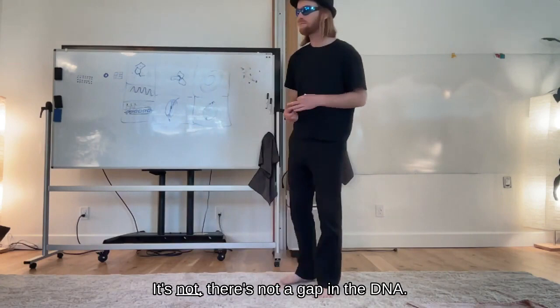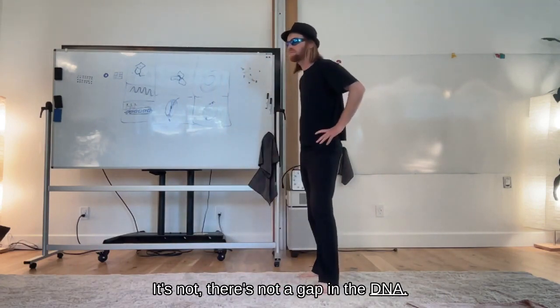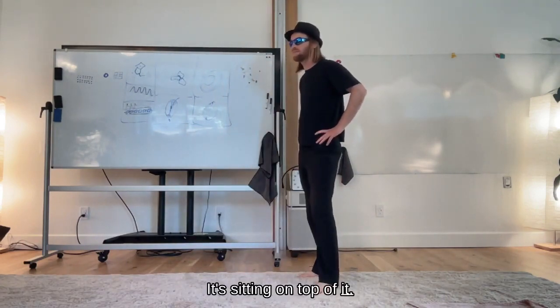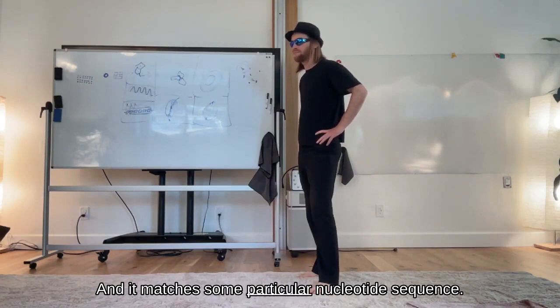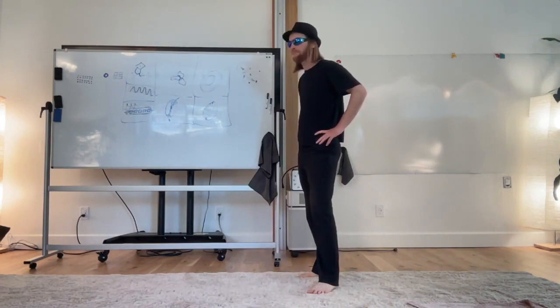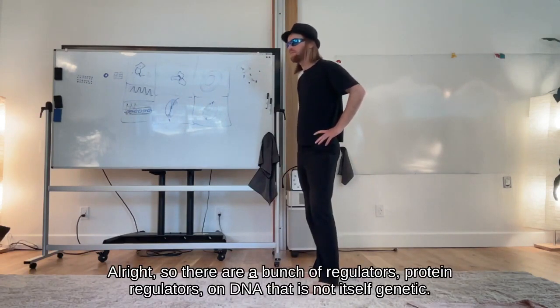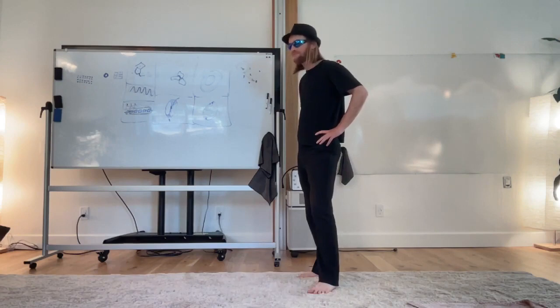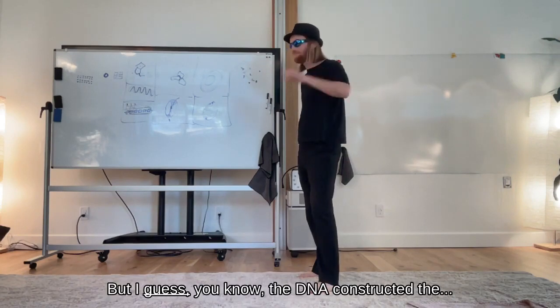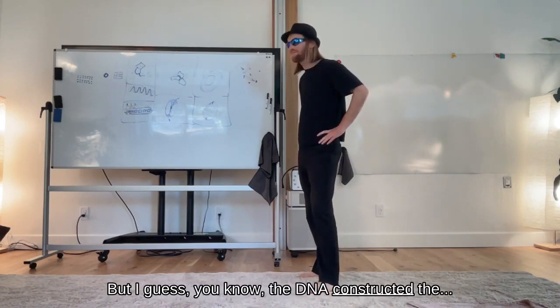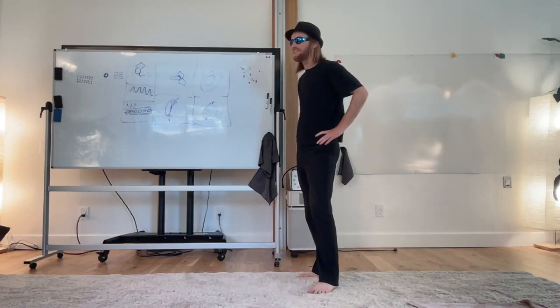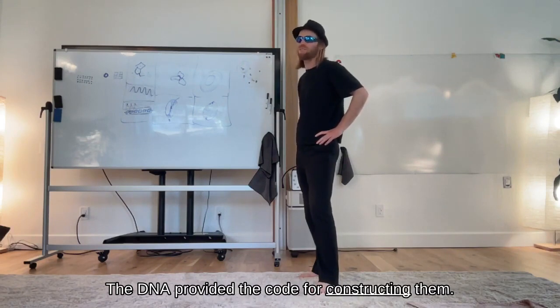There's not a gap in the DNA; it's sitting on top of it, and it matches some particular nucleotide sequence. So there are a bunch of protein regulators on DNA that are not themselves genetic. That's correct. But ultimately, DNA provided the code for constructing them.